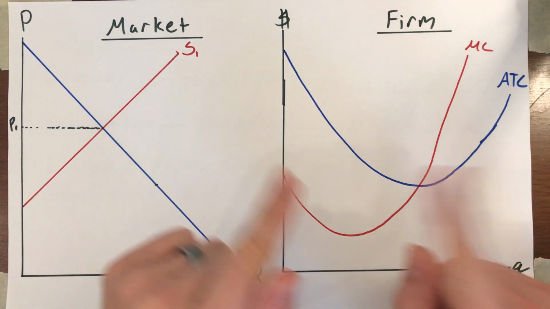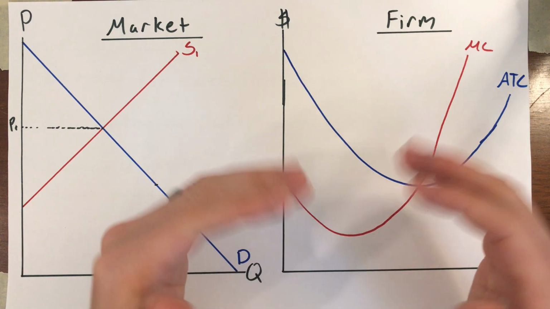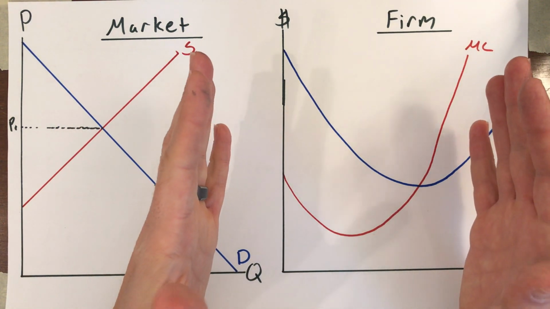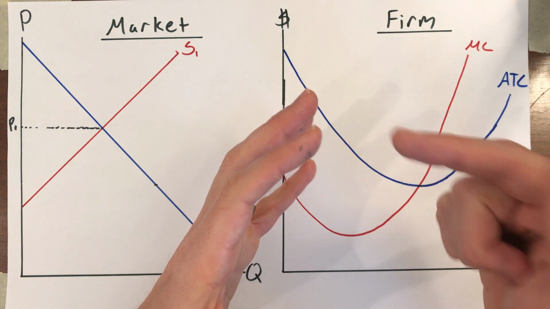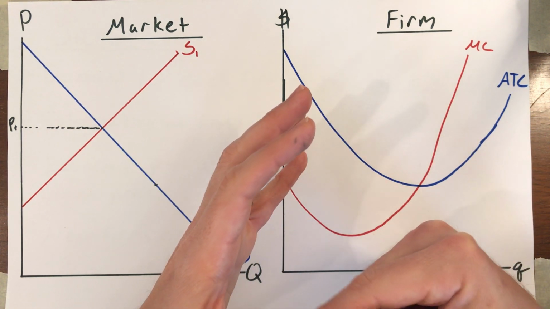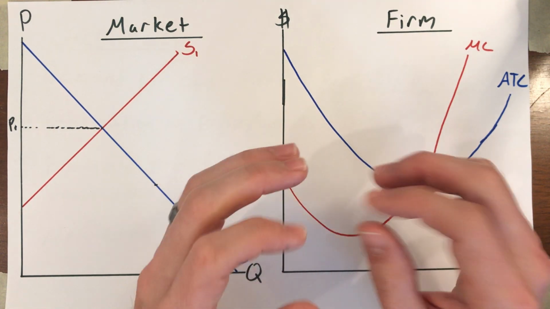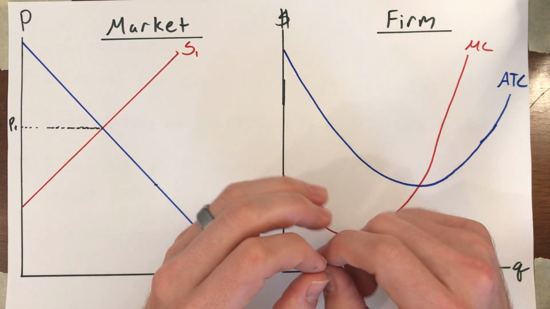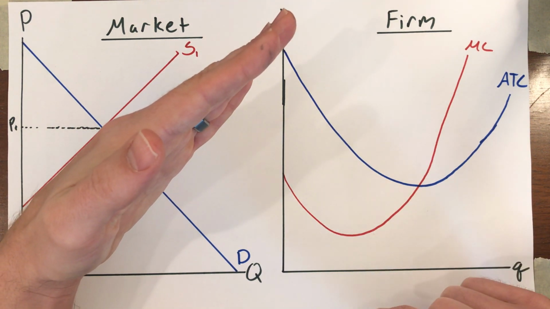The problem is everybody else has exactly those same incentives. This is called a prisoner's dilemma, where all the firms in the cartel could do better if they all cooperated with each other, but individually they can do better by not cooperating with each other. A better way of saying that is, if everybody else is cooperating, you're better off not cooperating.